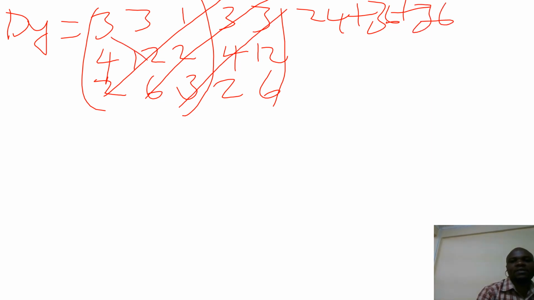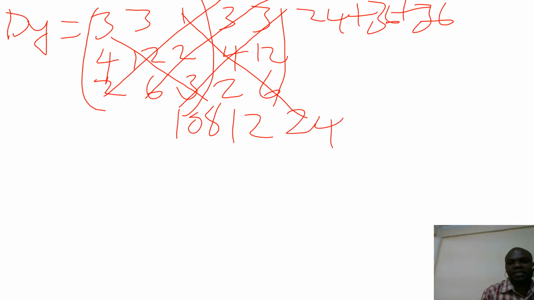Then I can consider this other column here, which gives me a 3 times 12, which is 108. And here I have 3 times 2 times 2, which gives me a 12. And then I also have this column here, which gives me a 24.